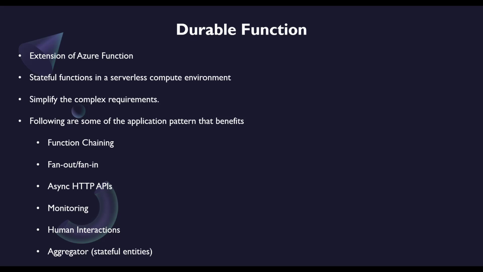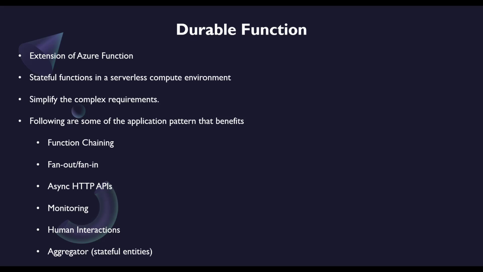You can execute method 1, method 2, and method 3 at the same time and wait for all the methods to complete, and then you can use the responses, and if you want to trigger one more method or complete the function, you can do that. So this is fan out and fan in. We are going to see these two application patterns in this video.